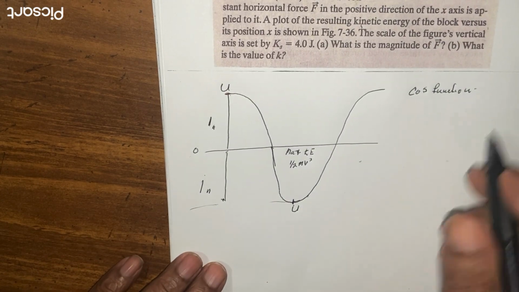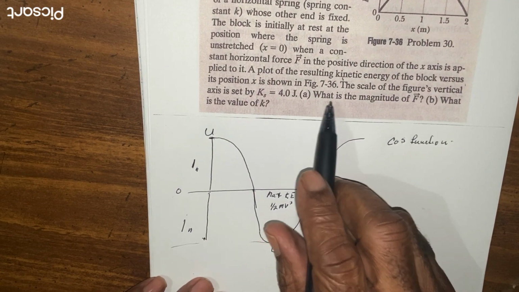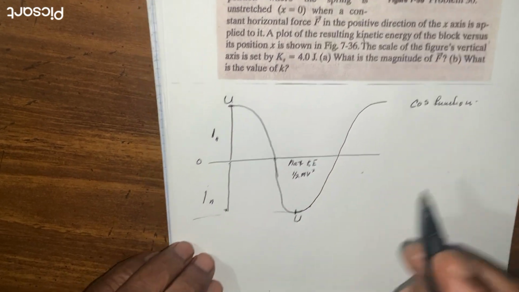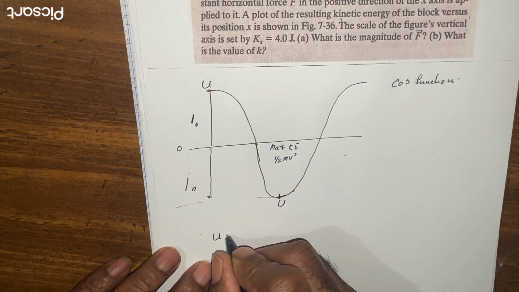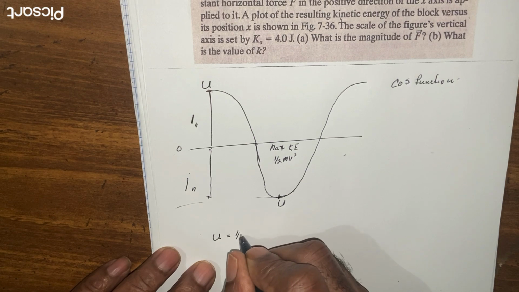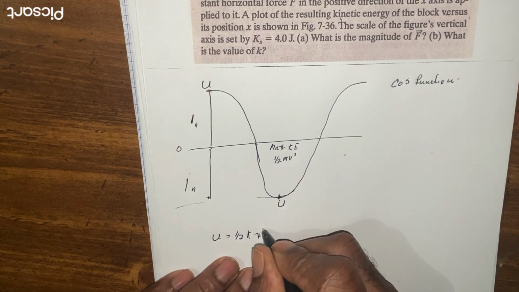So to solve this, it says, what is the magnitude of F? Well, the potential energy of a spring is equal to 1/2 K x squared.